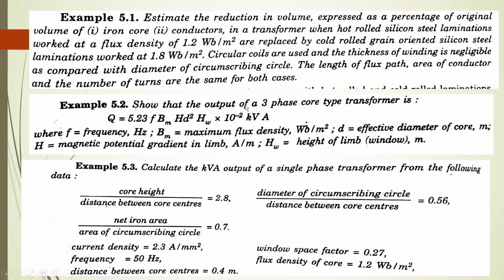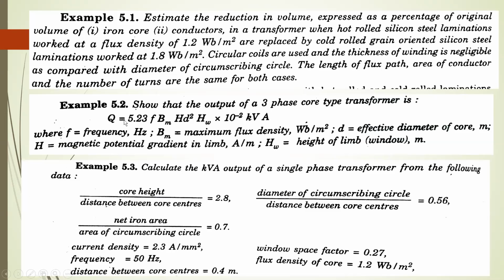Second question is, show that the output of a three-phase core type transformer is Q equal to 5.23 F Bm H D square Hw into 10 to the power minus 2 kVA. So we have to derive the output of a three-phase core type transformer in kVA.